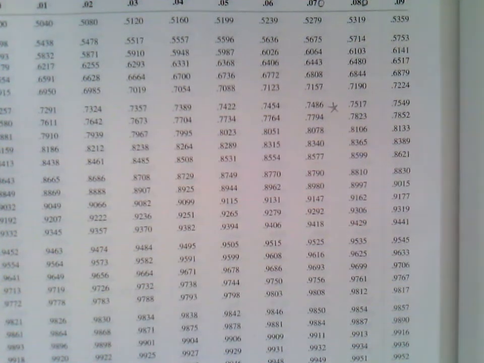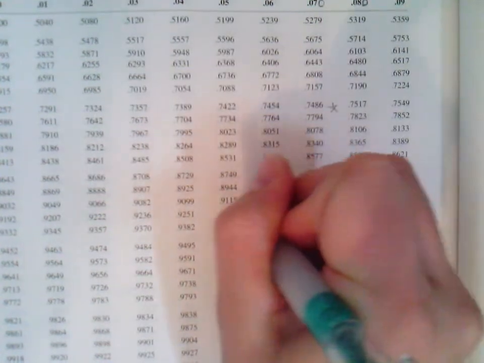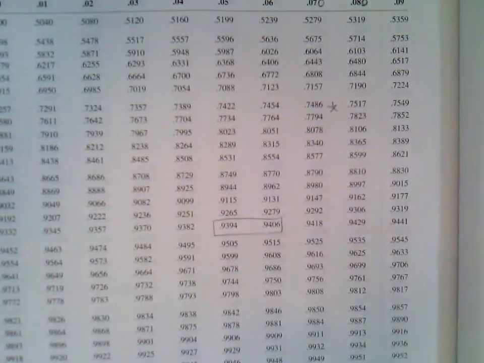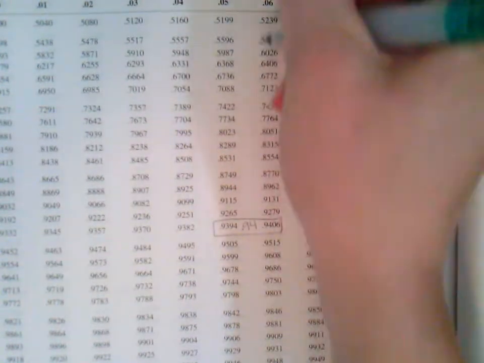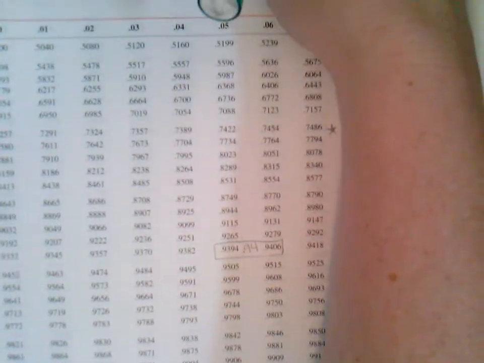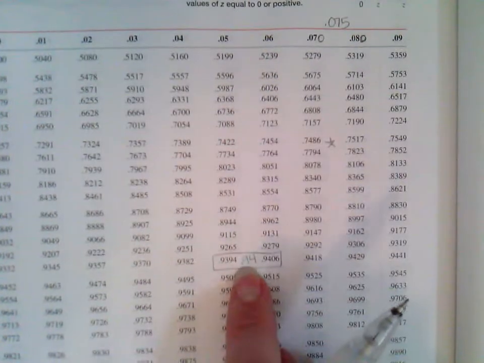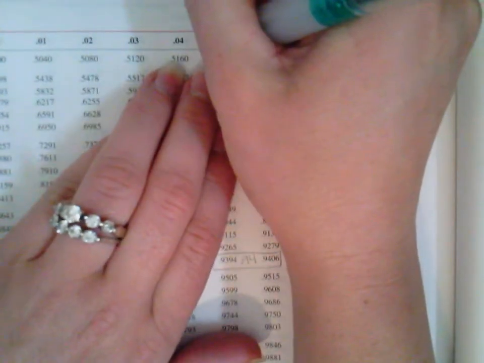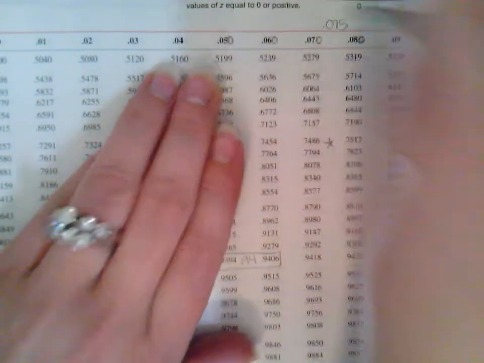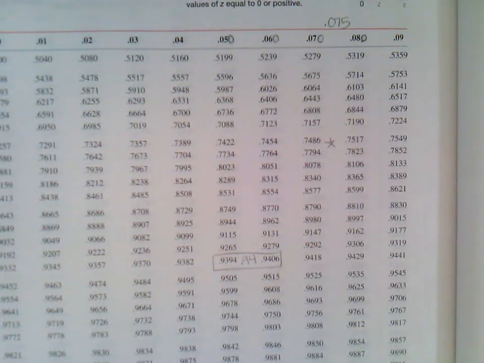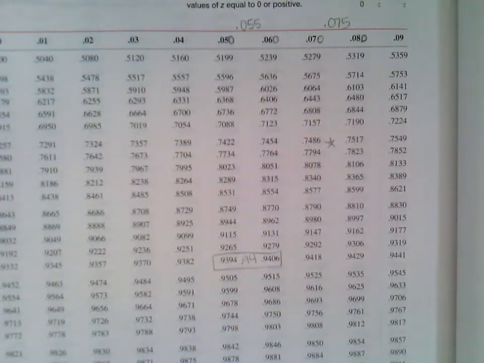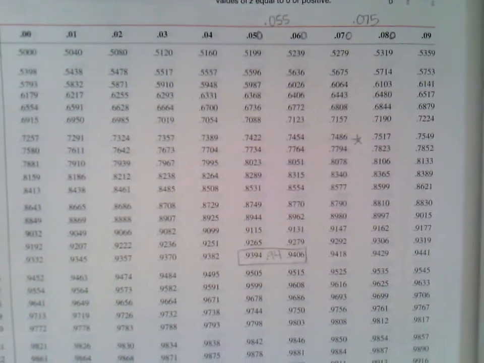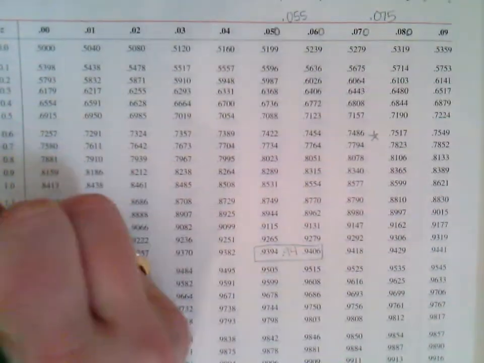So 94% happens in between these two right here, right? So if this is going to be 0.94, I then have to track that up to here. And this is always a little bit tricky for students. So 94%, you want to think about this is 0.050, and this is 0.060. So the number that would be between them is 0.055.